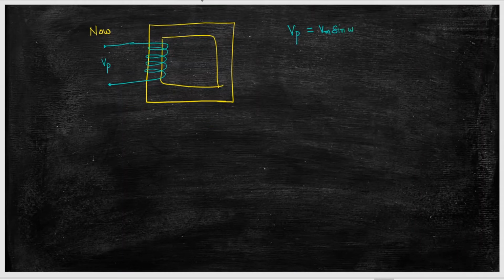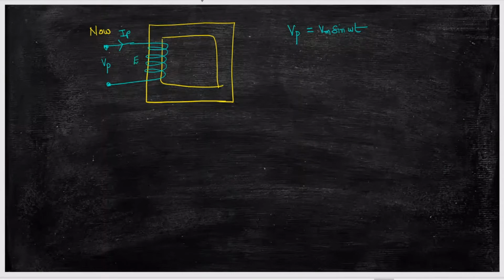When we apply this voltage to the primary side, Ip starts flowing, and this Ip is creating a voltage called E1.